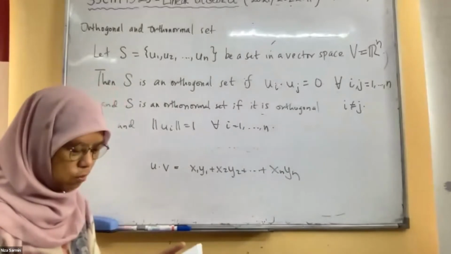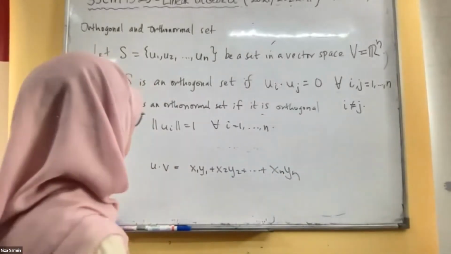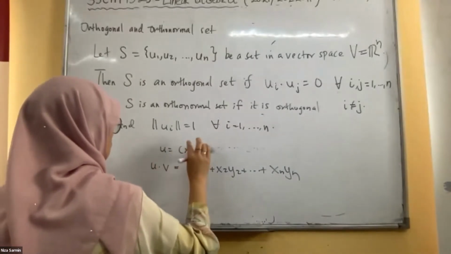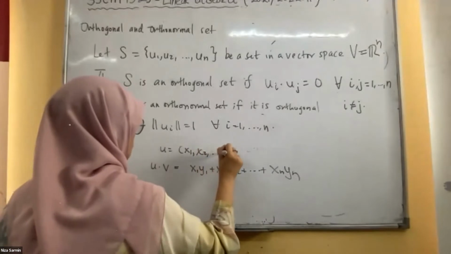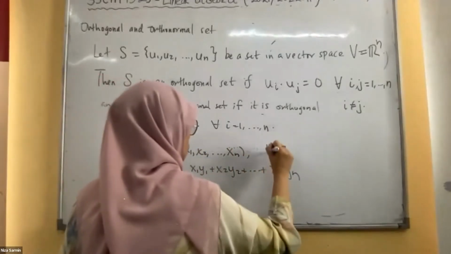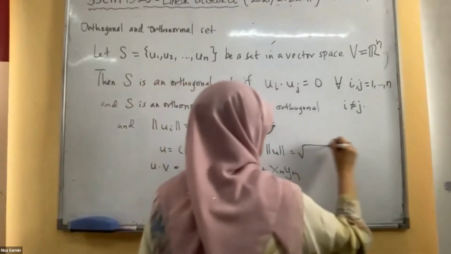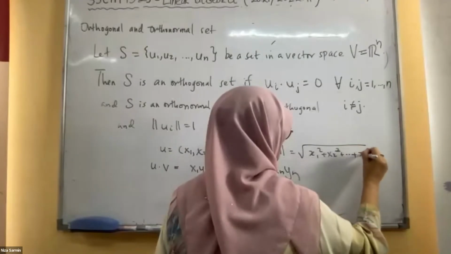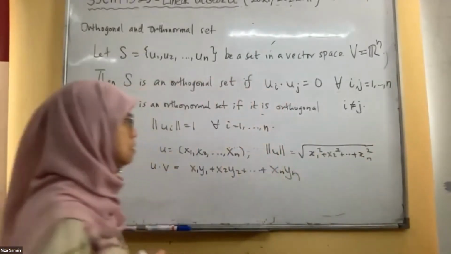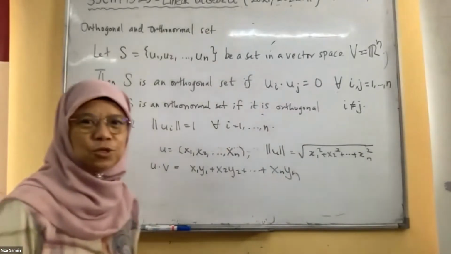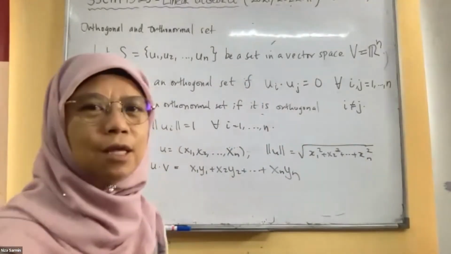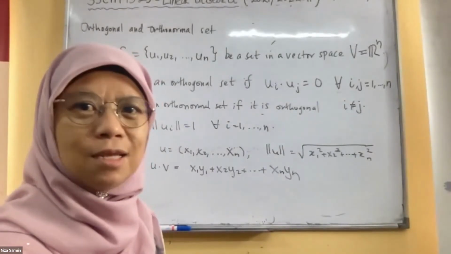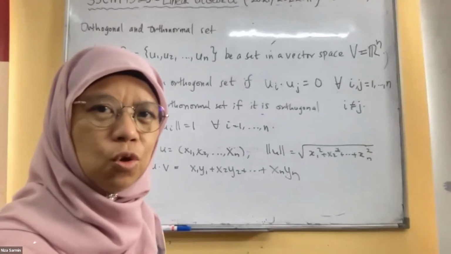The norm that you know from before: if u is (x1, x2, ..., xn), then the norm of u is the square root of x1 squared plus x2 squared plus ... plus xn squared. So you see, with this definition, the standard basis for Rn is an orthonormal basis.